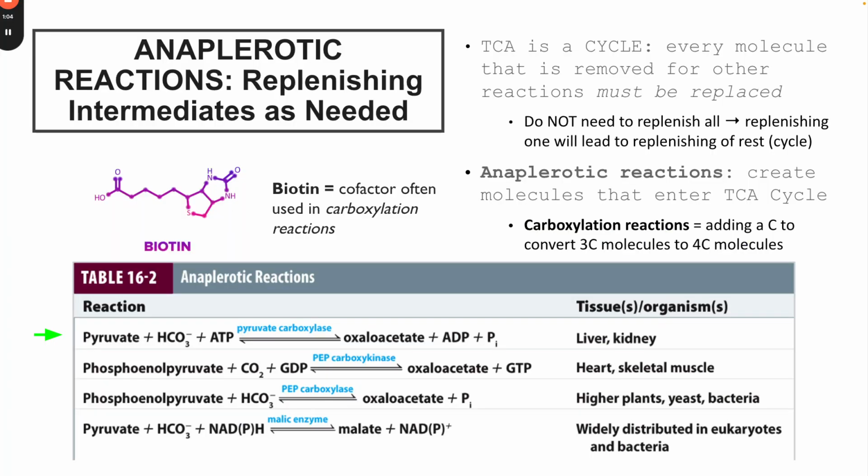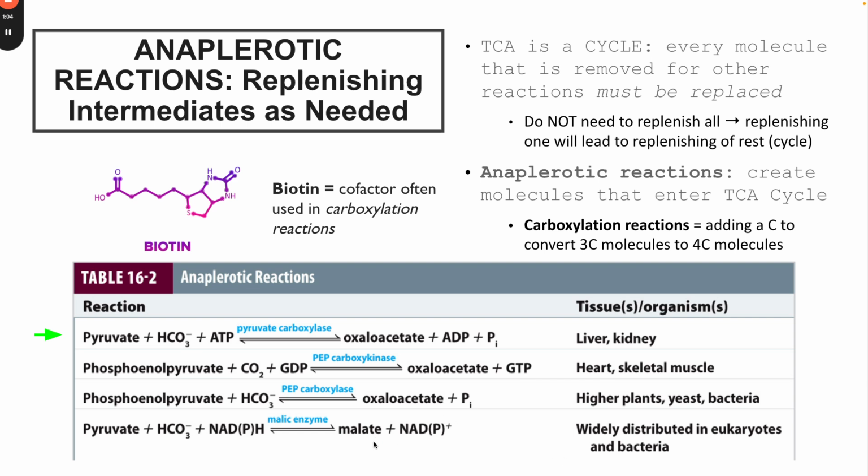So what we have to do is use some anaplerotic reactions. It comes from the Greek for "to fill up," and essentially these reactions are there to replenish our TCA cycle intermediates as needed if we are running low on them. So this table here shows 4 very common ones.